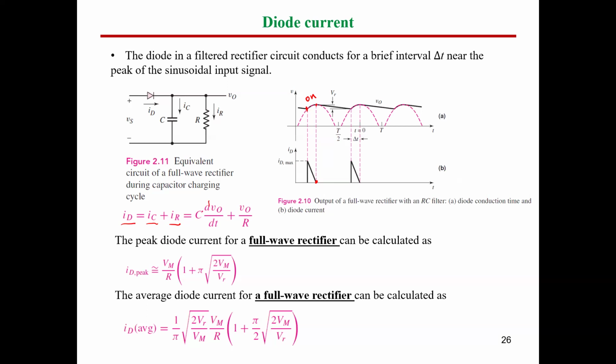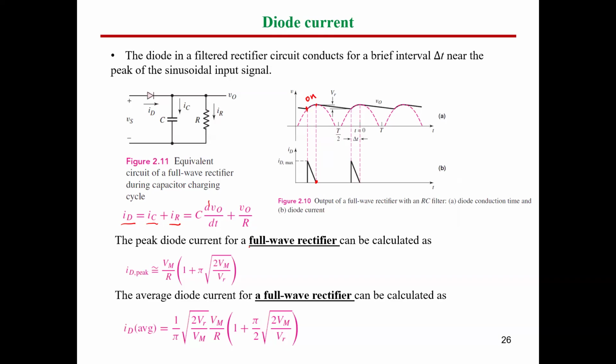And the load current is nothing but V out divided by R. So now we have the equation I diode equals C dV out by dt plus V out divided by R. So this is the diode current equation.